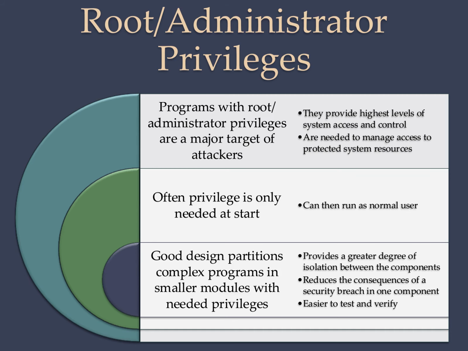Root and administrative privileges are still one of the most important sources of cybersecurity incidents. Usually some programs are left with root administrative privilege, and nobody cares to check whether everything is dependent on that.